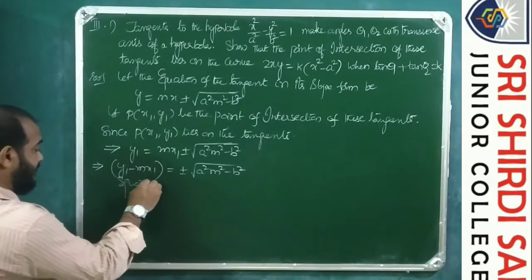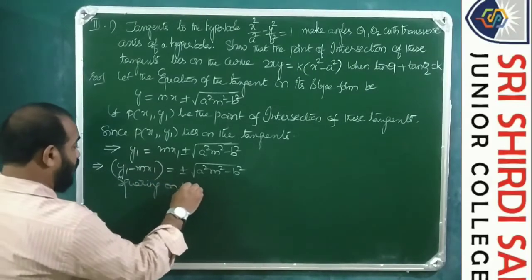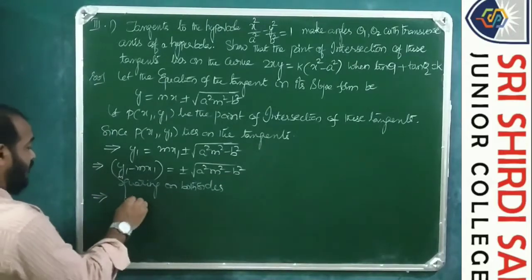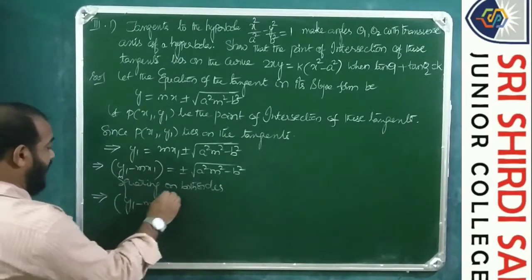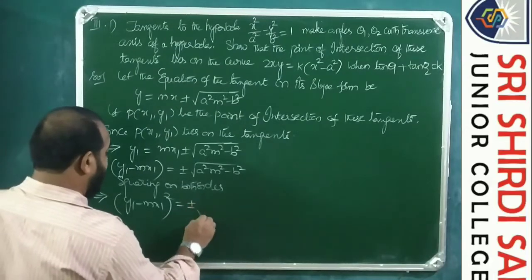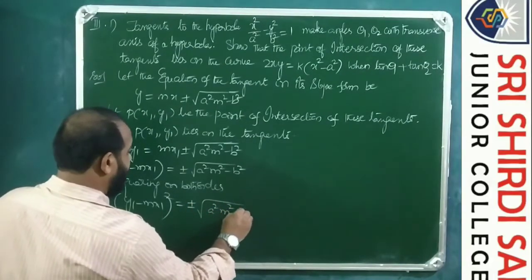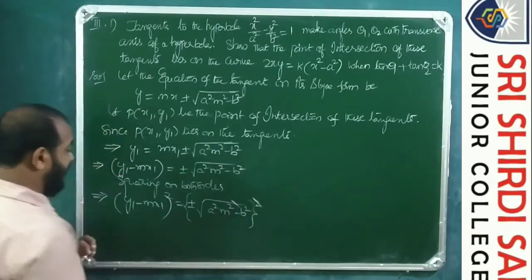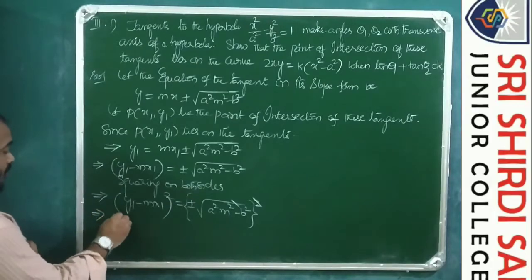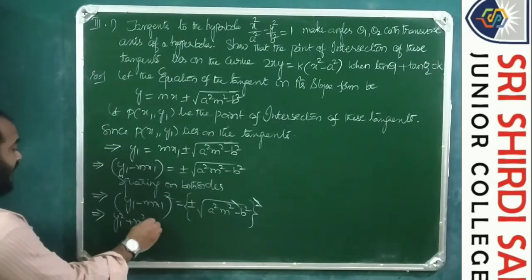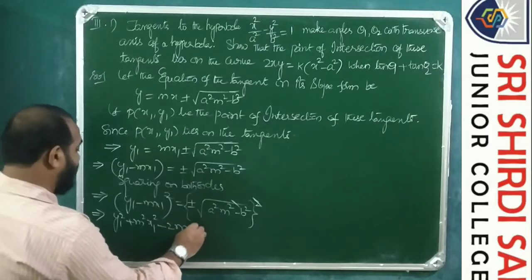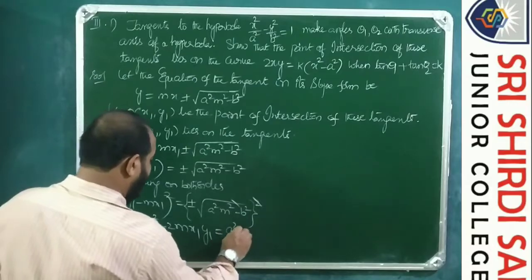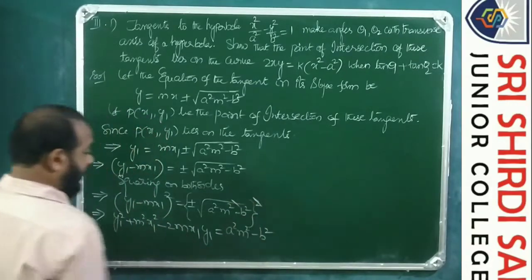Squaring on both sides, we get (y1 minus m x1) whole square is equal to (plus or minus square root of a square m square minus b square) whole square. The square root gets cancelled. So this is y1 square plus m square x1 square minus 2 m x1 y1 is equal to a square m square minus b square.